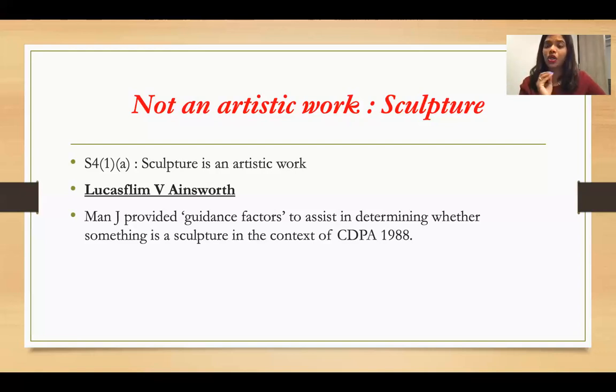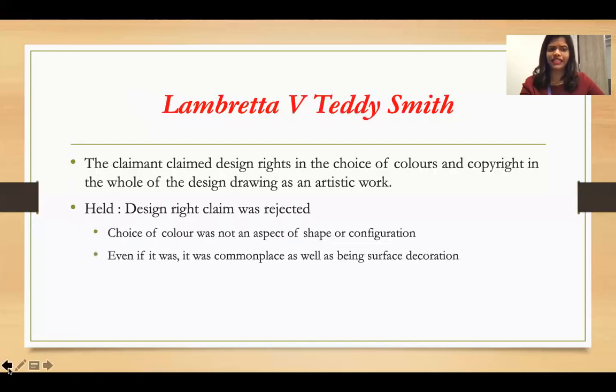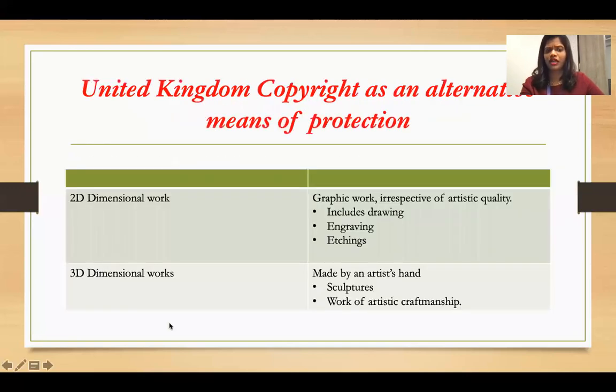But the courts didn't, because they found that it was created merely for costume play, which is not a function. So remember, when I spoke about 3D dimension and sculpture, I told you that you have to show functionality.